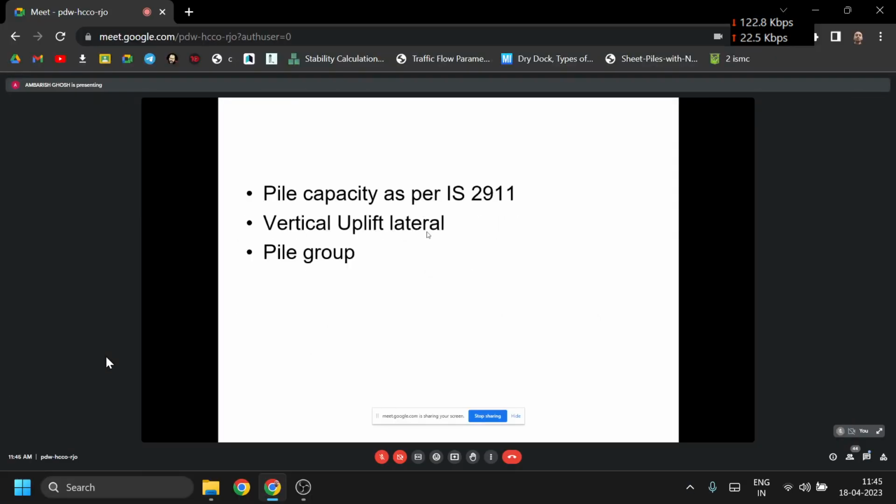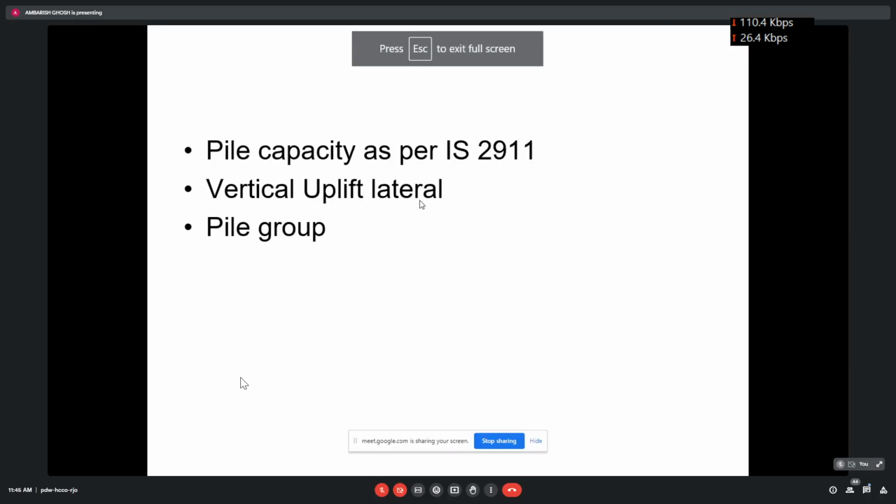So pile foundations, can you tell me the projects where the pile foundation is generally used? When are we going for pile foundation?